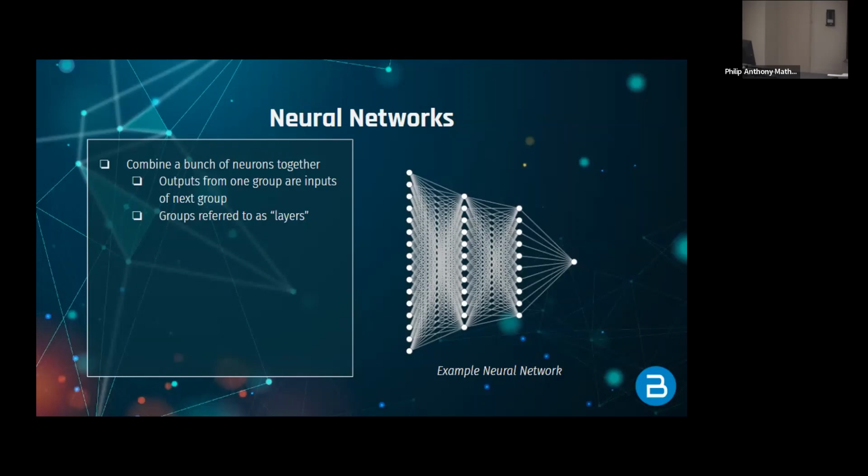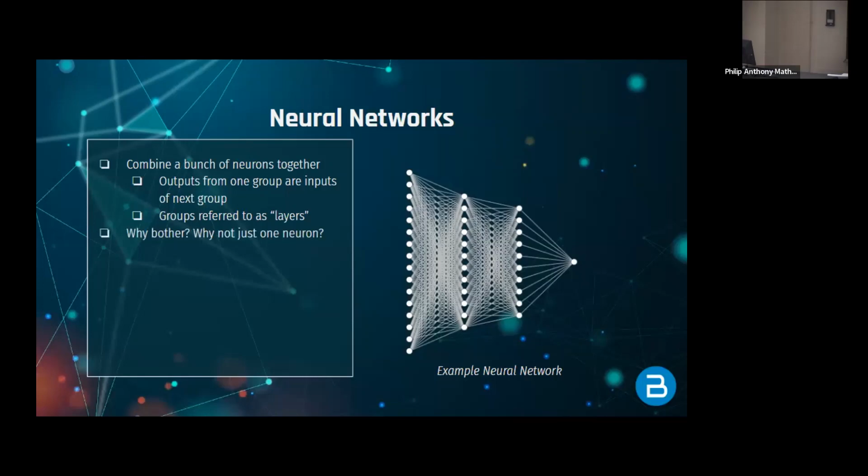Now, this sort of setup is extremely useful to model the relationships that we want. But why do we bother with them in the first place? Can anyone think of a reason why we don't just go with one neuron?